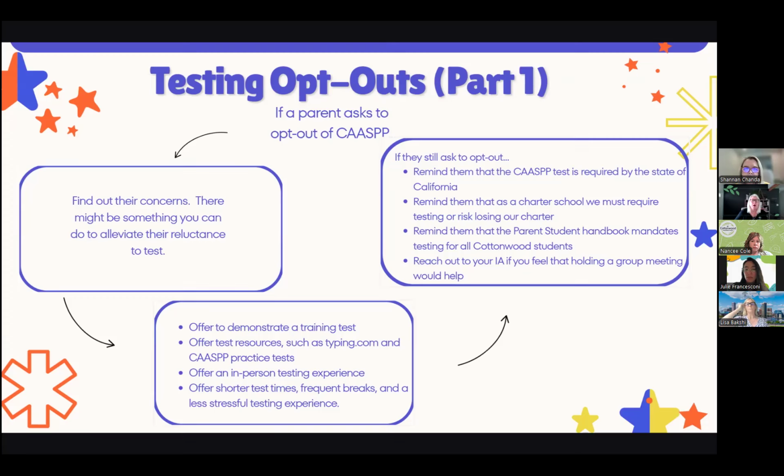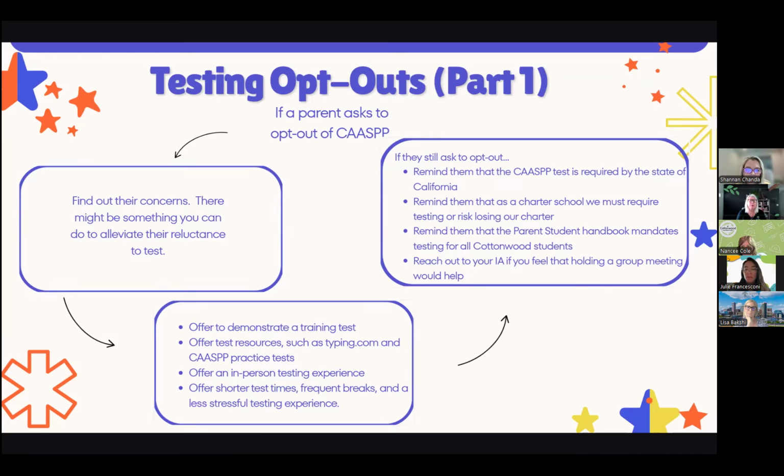We would like you to offer to demonstrate a training test. You can also offer test resources such as typing.com and the CAASPP practice test to make the student more comfortable, so that they are used to the devices and everything once they do start a testing session, and it's not that the day of is the first time that they're seeing it.